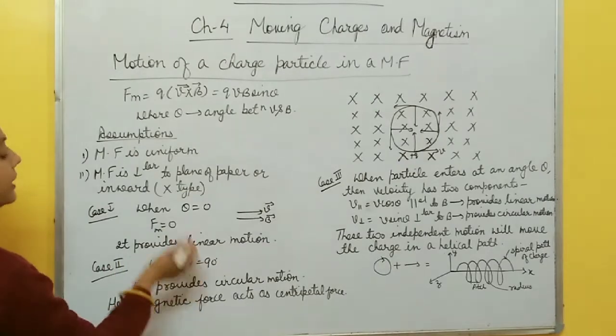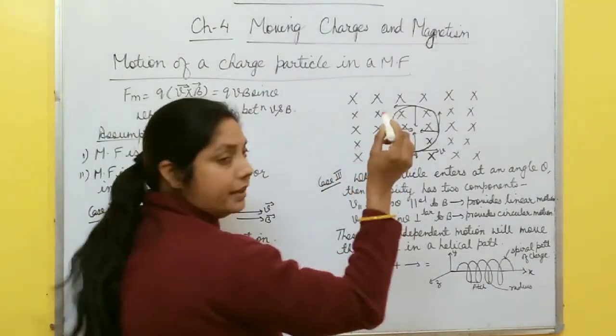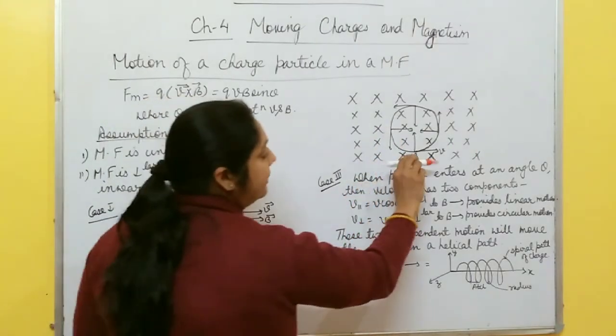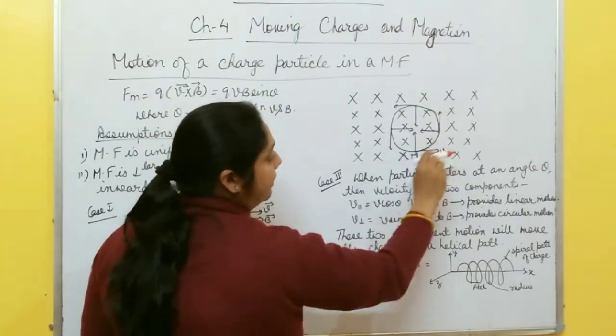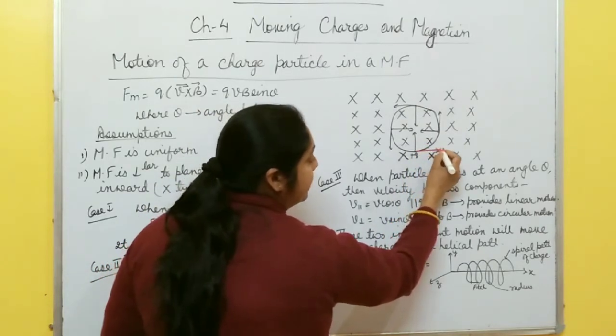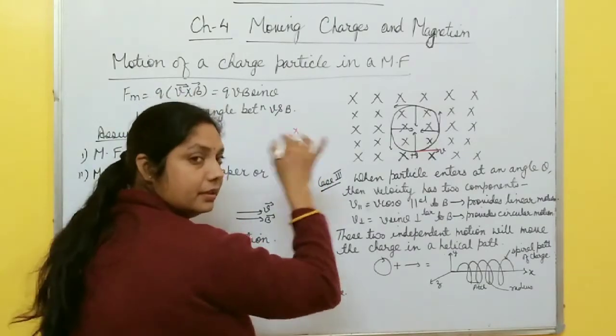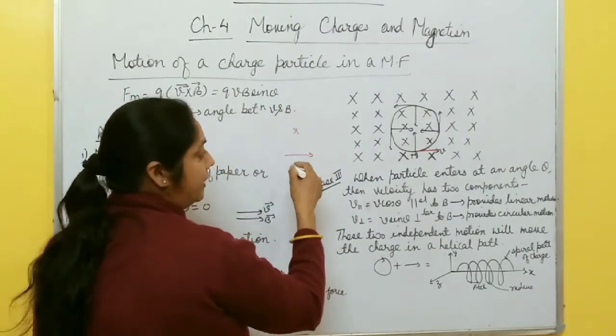But when theta is 90 degrees, suppose the field is inward and the particle moves in this plane. Suppose the particle is entering in this direction with velocity v. So v is in this direction and the field is inward, perpendicular to this plane.